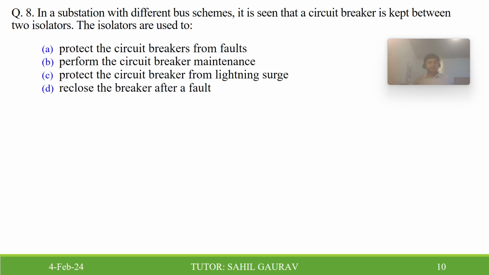Now the next problem. This problem is a little bit related to the function of the isolators. In a substation with different bus schemes, it is seen that a circuit breaker is kept between two isolators. The isolators are used to protect the circuit breaker from faults, or perform the circuit breaker maintenance, or C option, protect the circuit breaker from lightning surge, or D option, reclose the breaker after a fault.